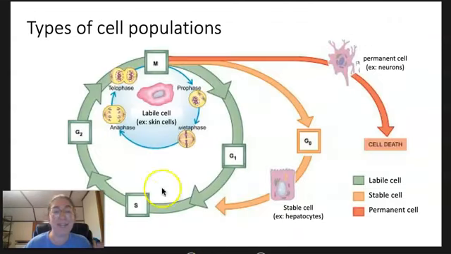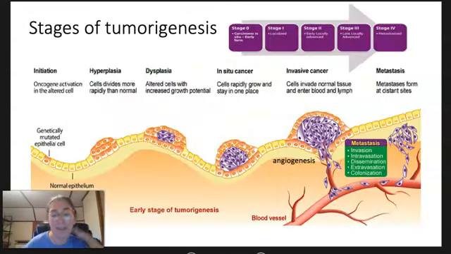Specifically, mutation in genes that promote the cell cycle. All right, and so then that mutated cell starts to overproduce, to replicate itself, to divide and make lots more copies of itself.